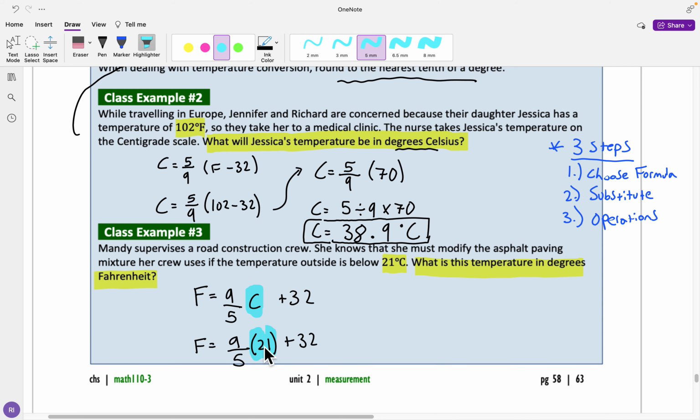I like to write it out with the division symbol and the multiplication symbol. When I look at my order of operations, division and multiplication come first. 9 divided by 5 times 21 is something I can place in my calculator first.